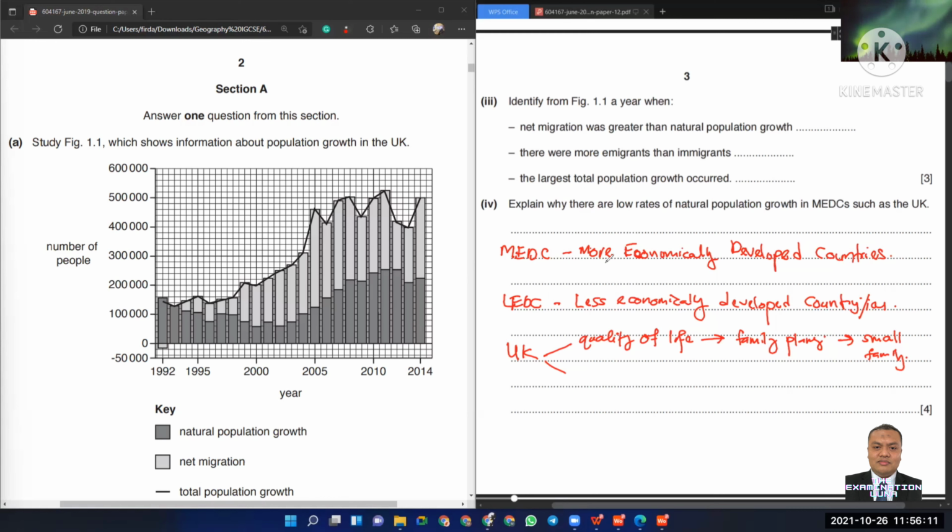And you need to remember as well that when women are educated and have a good career, they tend to put marriage as the last priority. This means that more and more women and men in more economically developed countries choose not to get married.